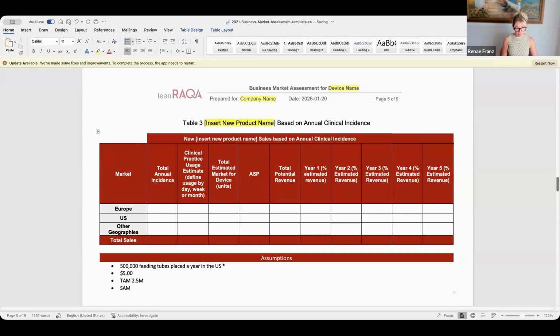That's your SAM. So that's 1.25 million. And we think we'll have, pardon me, let's say 50% market share by year 5. So what's that? 625,000. So that's your SOM.